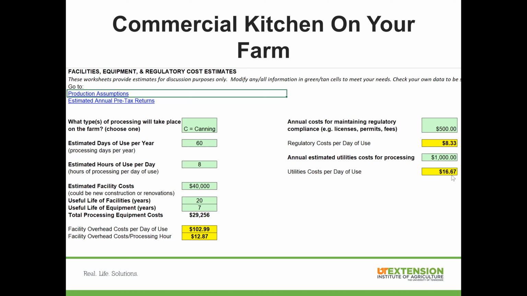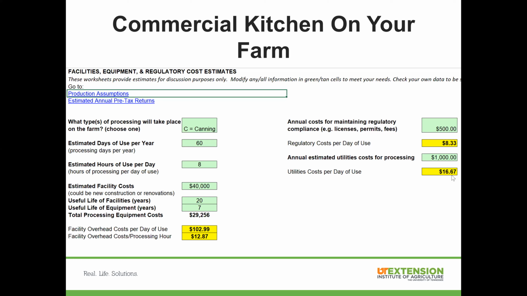Or a pickle, that's got to be done in a commercial kitchen. So yes, there are some products that must be made in a commercial kitchen based on the nature of the product. And then there are some marketing outlets that require you to make it in a commercial kitchen, even if it's a non-potentially hazardous product. Any other comments on that?